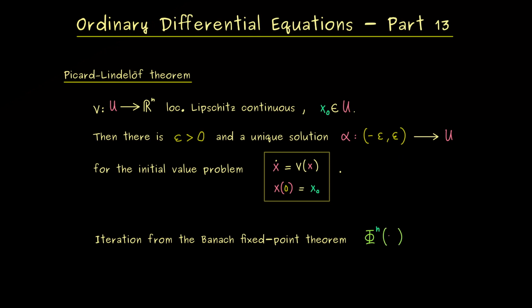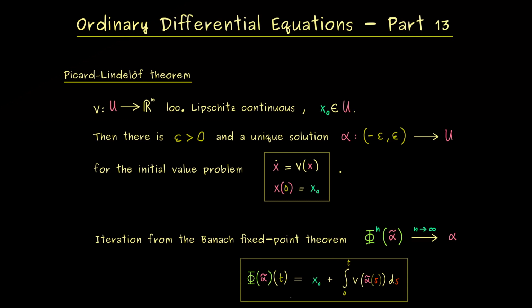alpha. We just start with any function we can call alpha tilde. And then, if we apply the map phi n times and send n to infinity, our solution alpha should come out. And here, please recall that the map phi was just defined with this one integration.